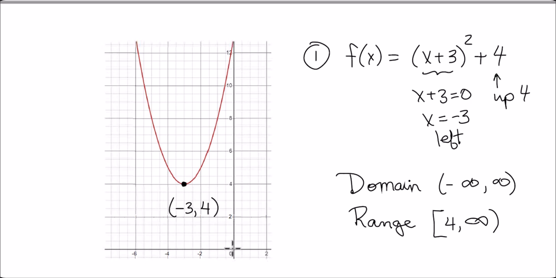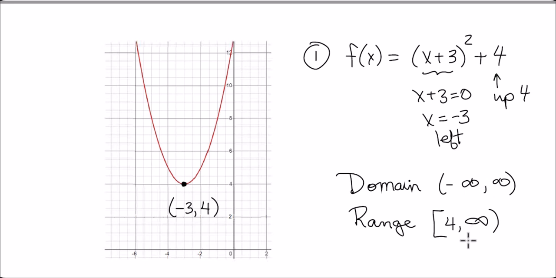All right, so normally we were crossing at 0, 0. It moves left by 3, and then up by 4. So the important point is at minus 3, 4. The domain for all polynomials is everything.